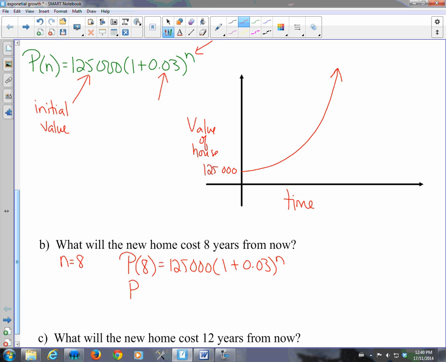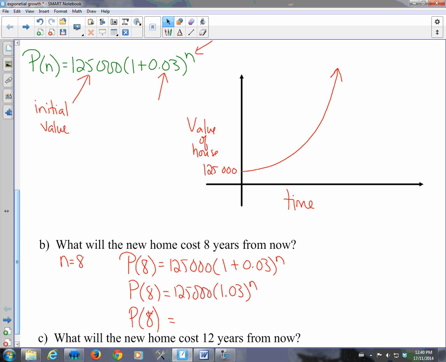And then this is where you get your calculator out and calculate. So my calculator, there we go. So if you're working along with me, 125,000 times 1.03 to the exponent 8 would give me, oh, and I forgot to take out my n and put in my 8.